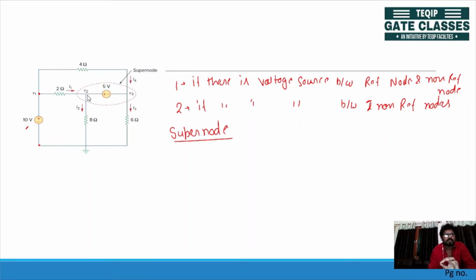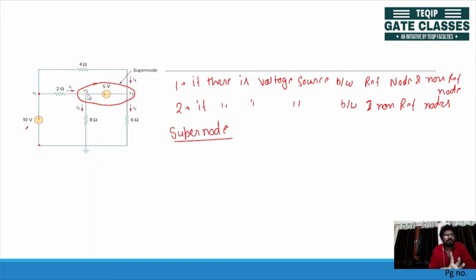There is a voltage source between V2 and V3, so combine these two nodes and there is a single node, that is super node. So this is your super node, and apply only one KCL, that is on the super node. You don't have to apply KCL at both nodes, V2 or V3, but you have to apply a single KCL on this super node.